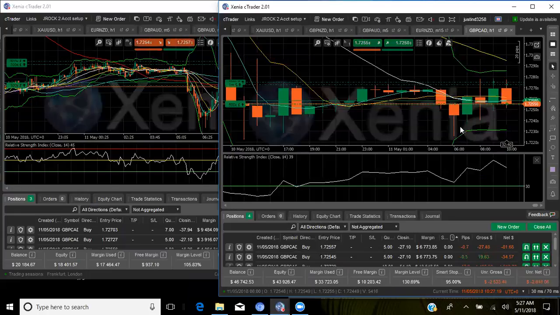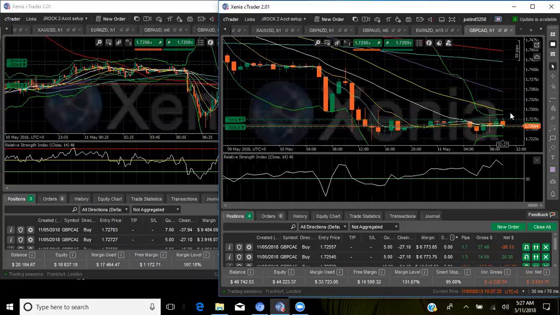Same thing here. We're putting in higher lows on each candle on the hour time frame and higher highs, but we've got a top that's formed like a resistance level. So once we break through that, we should be good. All right. So that pullback was just a little pullback here, nothing major.